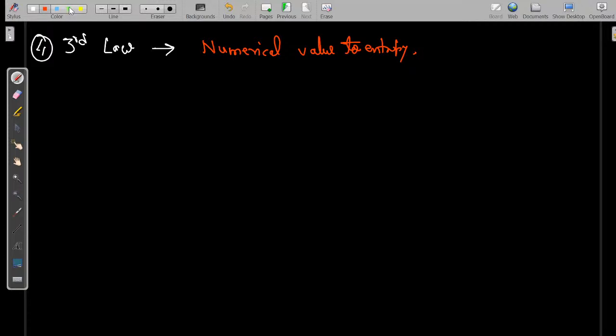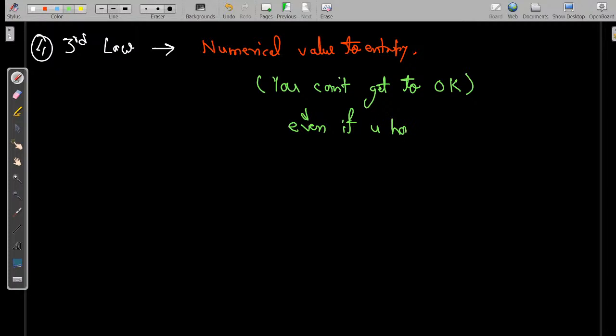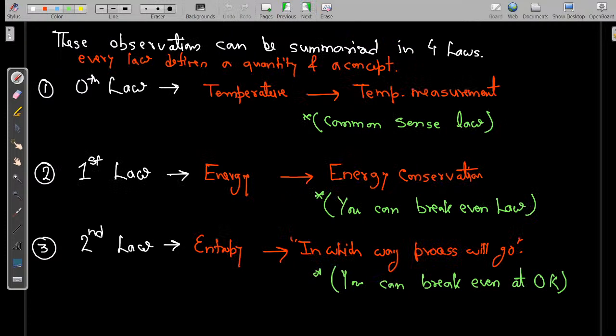And it says you can't get to 0 Kelvin, even if you have an infinite amount of resources. So what does it mean? Whatever I am writing, इसका मतलब क्या है?